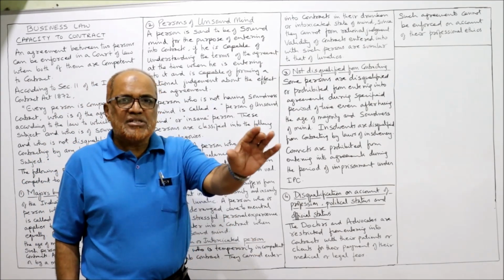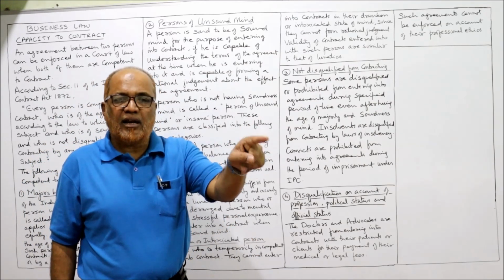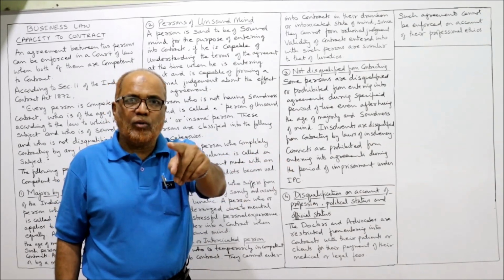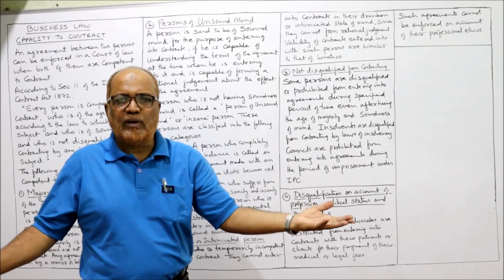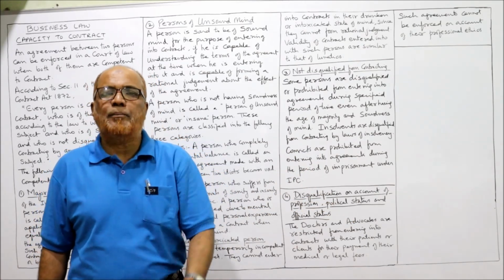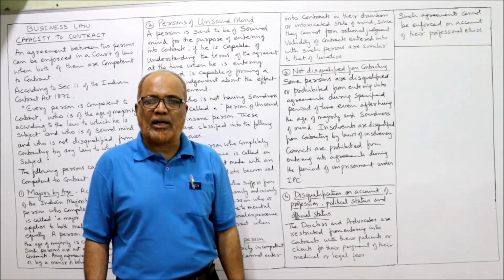Law says, Mr. X, you should not enter into a contract during a period of so and so. Up to so and so period, you cannot enter into the contract. Afterwards, you can enter.